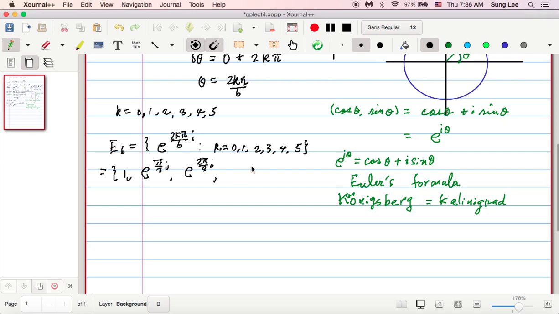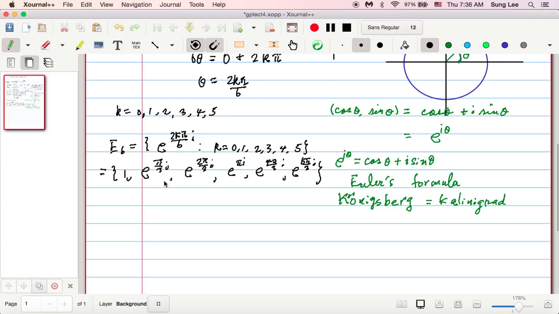And k equals 3, that's going to be e to the pi i. And k equals 4, that's going to be e to the 4 pi thirds i. And then lastly, e to the 5 pi thirds i. So by looking at these angles, you can easily plot those points, right?